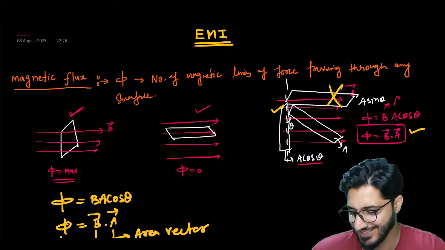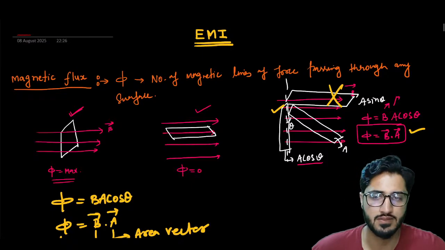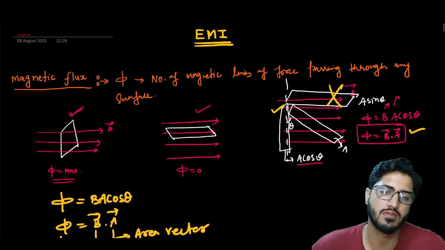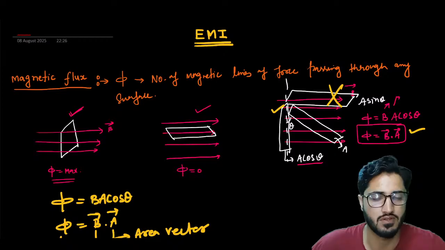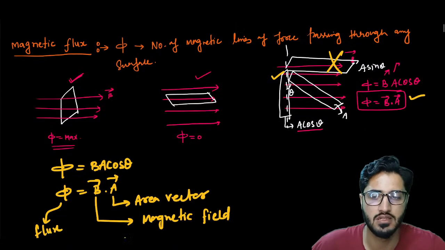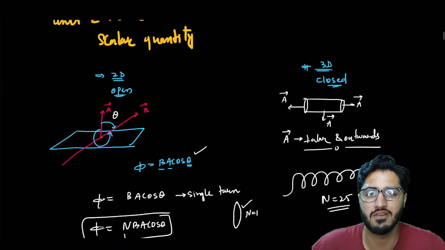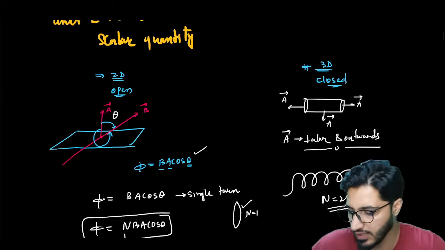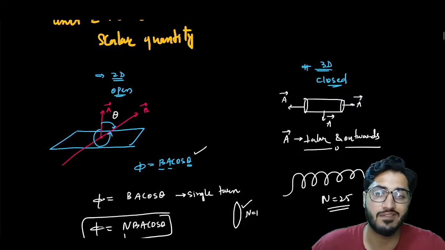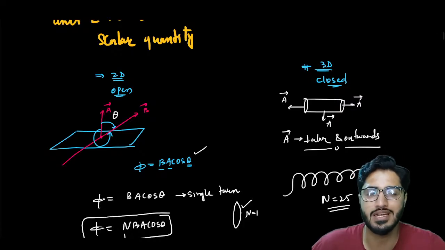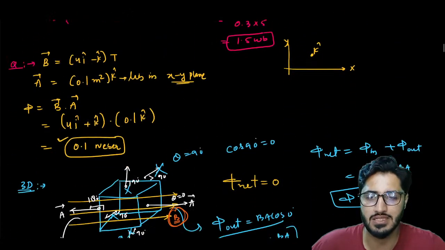Okay, thank you, Beta Jasif. So we just completed magnetic flux. How the magnetic flux will be maximum or zero, and how to get its equation for any kind of angles, and some properties of magnetic flux, and for 2D figure or 3D figure, how we can do this calculation. And what is the area vector, and how to get the direction of area vector, I guess we concluded in the last class.